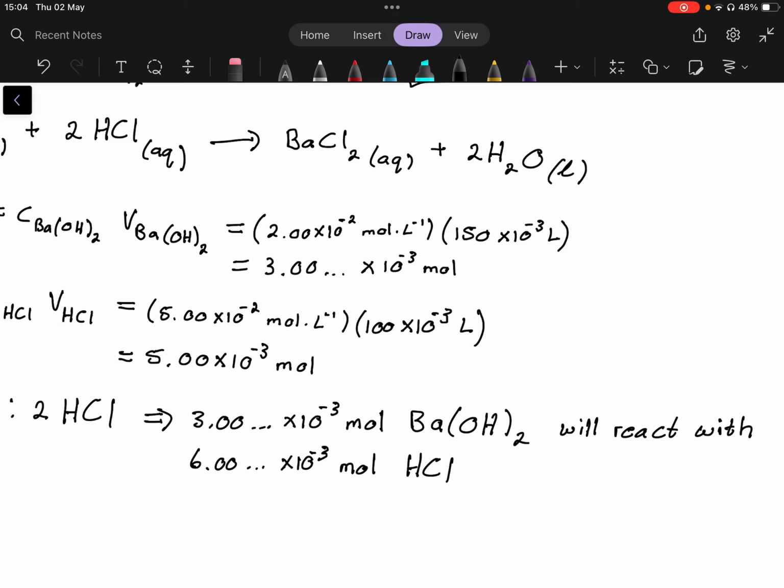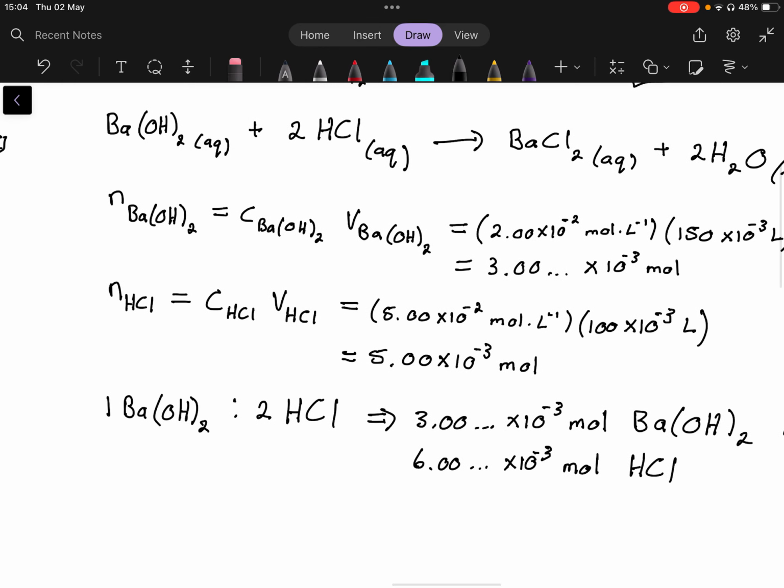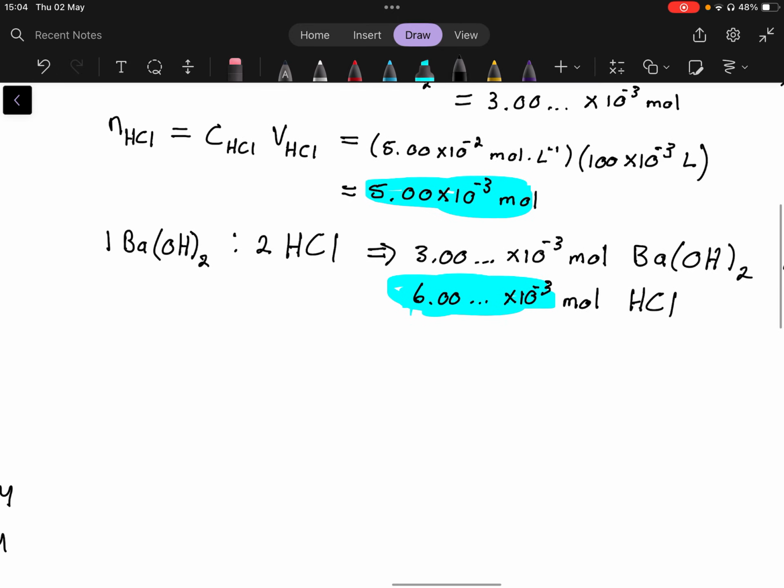Right, so for all the barium hydroxide to react, we need at least 6 times 10 to the negative 3 mole HCl. But how much HCl do we have? We only have 5 times 10 to the negative 3 mole, whereas we will require 6. And that by implication means that HCl is our limiting reagent.